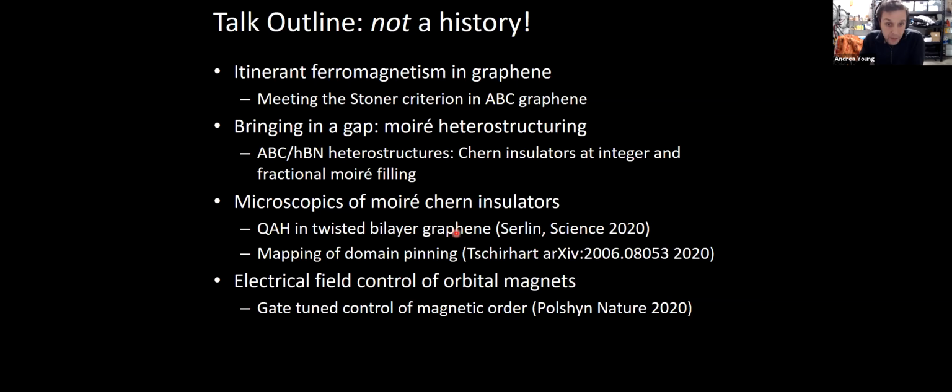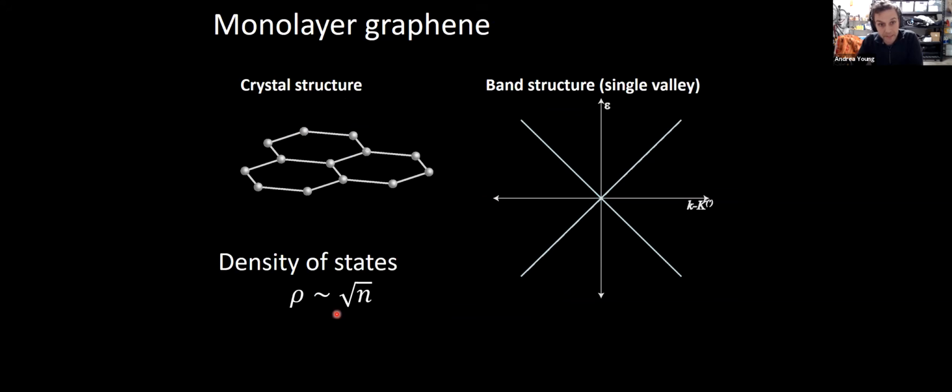So in particular, some work on twisted bilayer graphene and mapping of how magnetic domains of these orbital magnets are pinned in those systems. And then finally, discuss a little bit some of the new electrical field based control knobs that you can get in these orbital magnets, focusing on yet another moire type system.